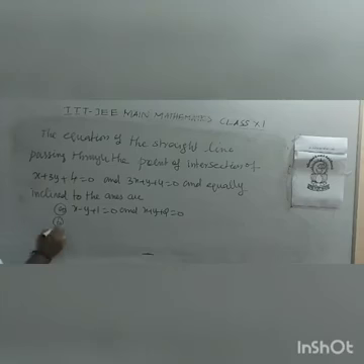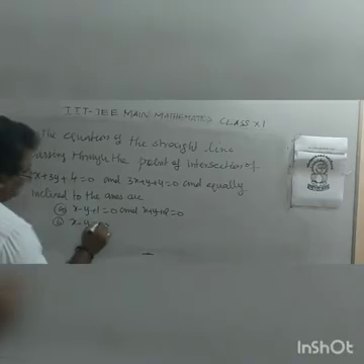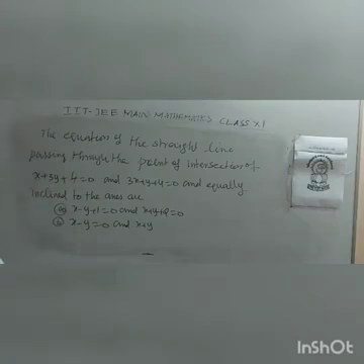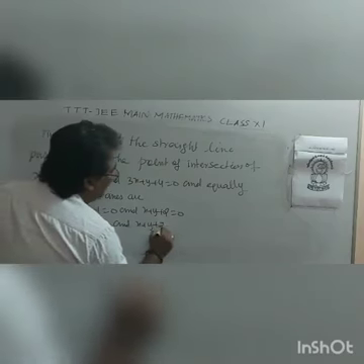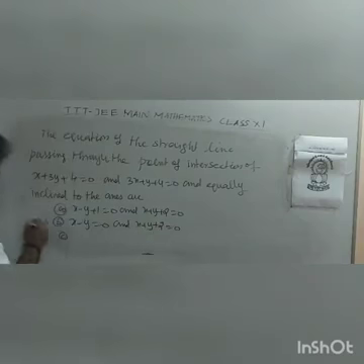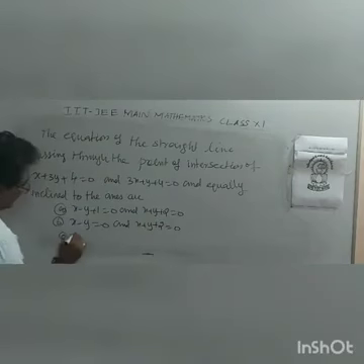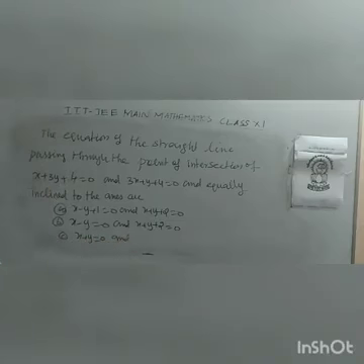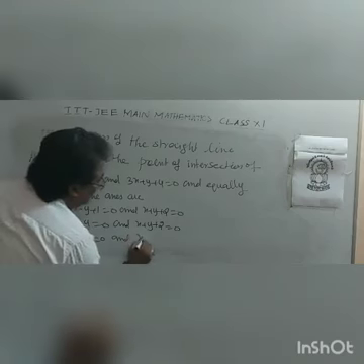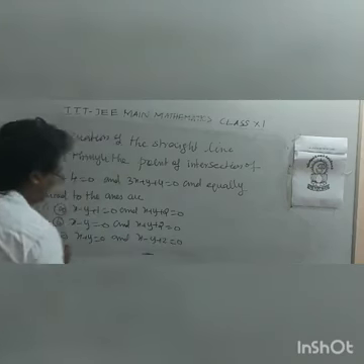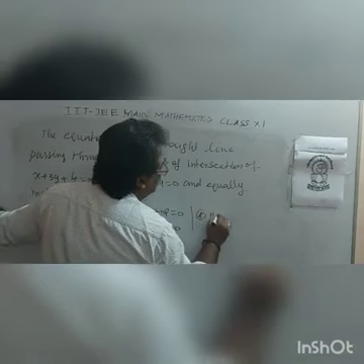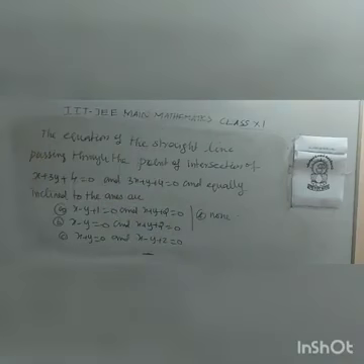Option B, x minus y equals 0 and x plus y plus 2 equals 0. Option C, x plus y equal to 0 and x minus y plus 2 equals 0. Option D, none of these.